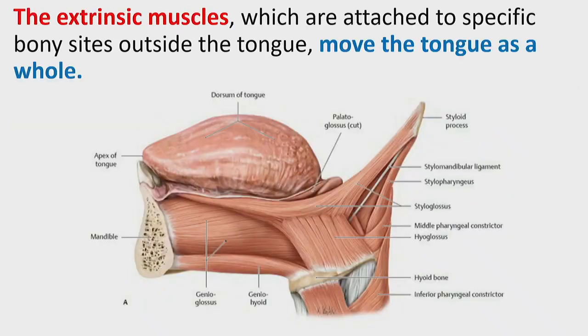First we are going to start with the extrinsic muscles. These are muscles that attach to a specific bony site outside of the tongue and are inserted into the tongue. Generally, the function of these extrinsic muscles is moving the tongue as a whole: you move the tongue upward, downward, retract it backward, and protrude it outside.